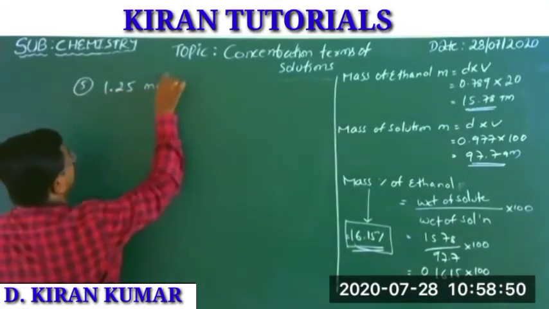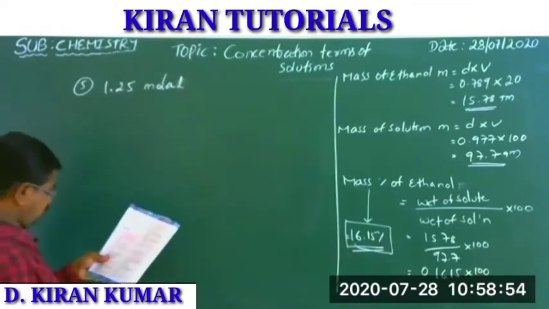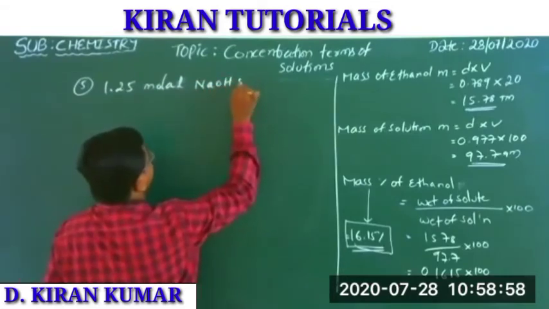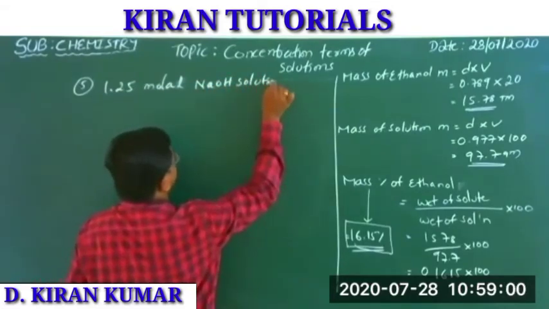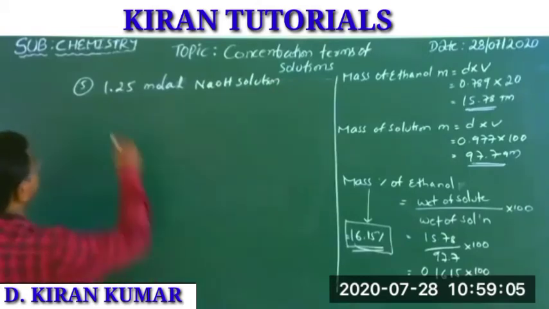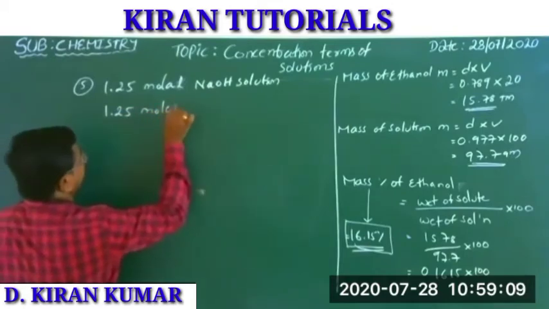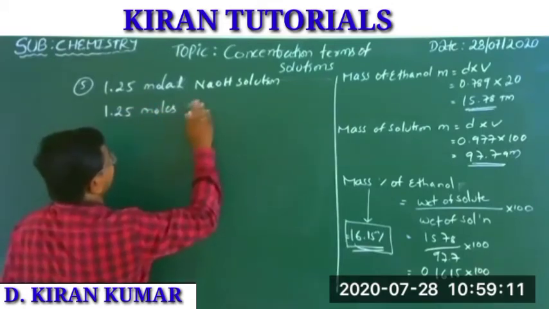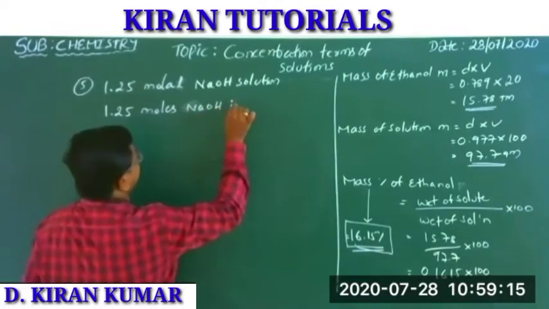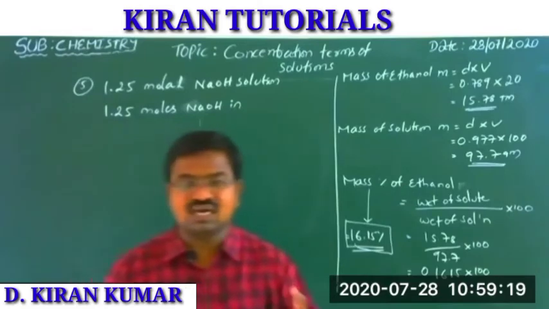Next, 1.25 molar sodium hydroxide solution. So 1.25 molar is nothing but 1.25 moles of NaOH in 1 kg of water.